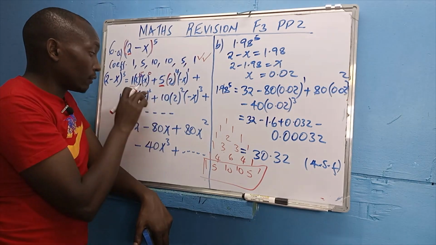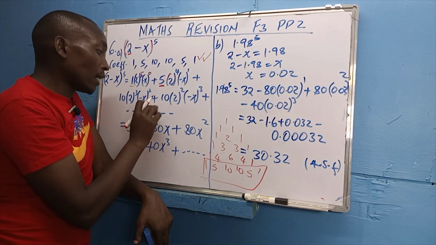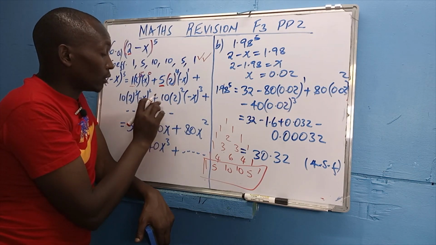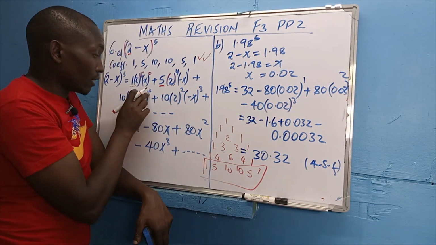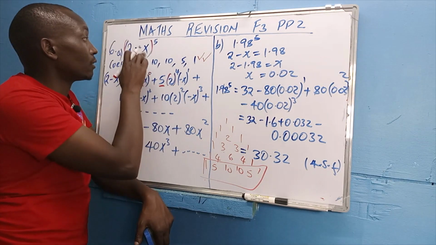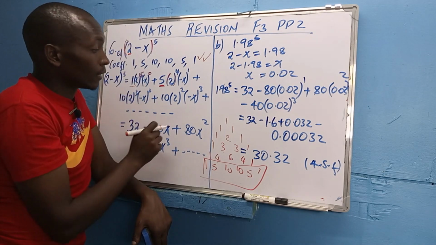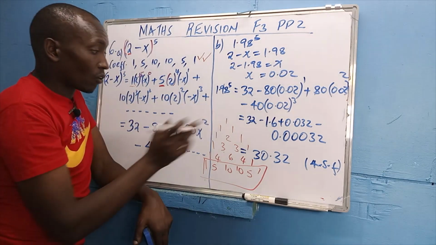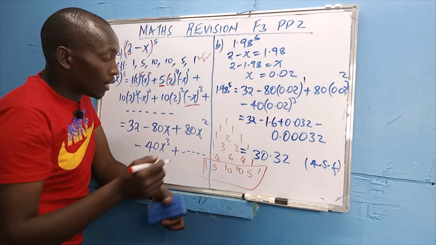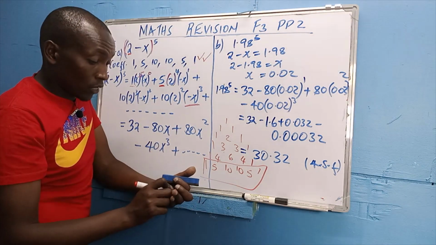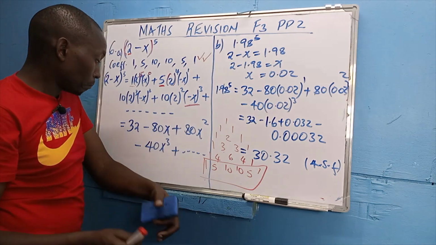Continue plus 10, 2 squared, negative x raised to power 3. Remember, this power is increasing, this one is decreasing, then plus, of course you continue. The question has directed you, you go up to x to power 3.